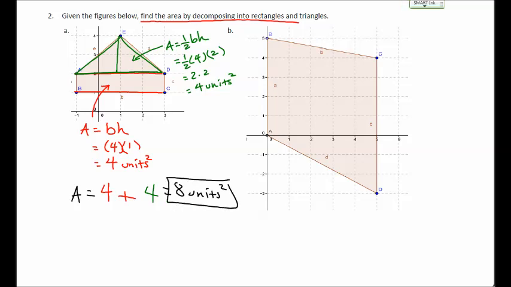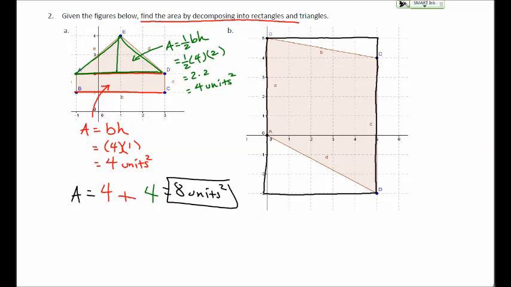That's one method. Now, I could use that same exact method in question B with this other quadrilateral, but I want to show you the other method. That's the method where you draw a rectangle that is outside of the shape. So I draw a rectangle that fits as nicely as possible on the outside of the shape.